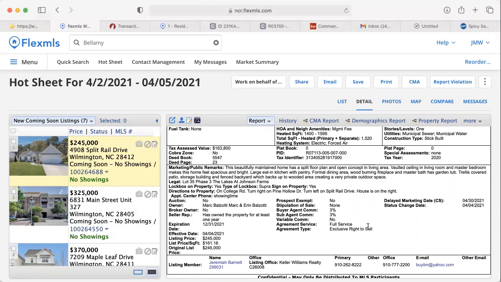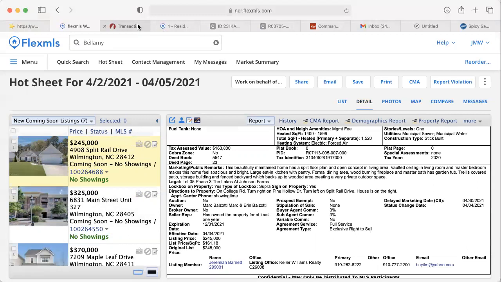So it will be available to be shown on 4/30/21. Up until that point, I can see it in the MLS. It does not get sent to realtor.com or to Zillow or to any of the other syndicated websites, but it does show for other agents that are members of the MLS to see that it is a coming soon listing.